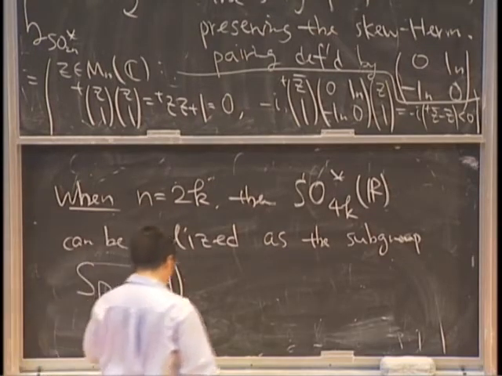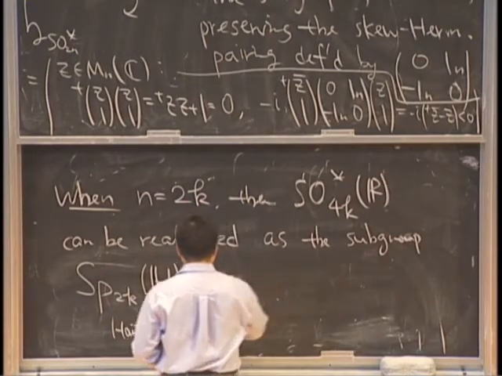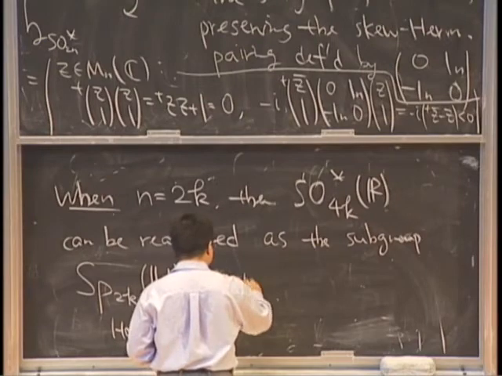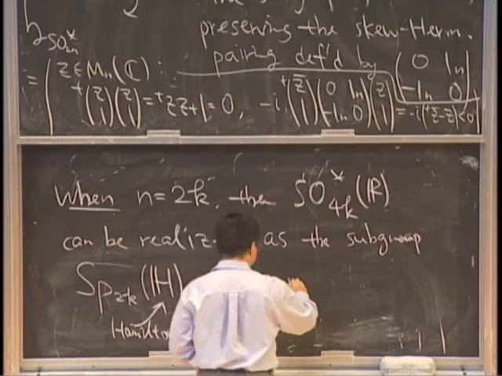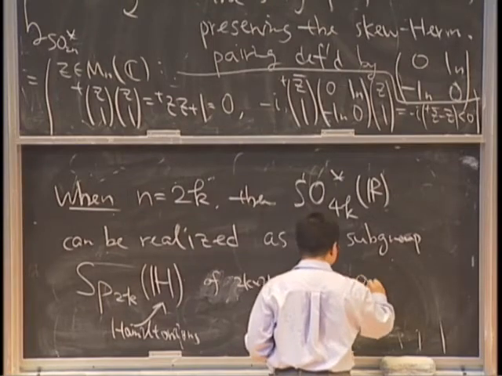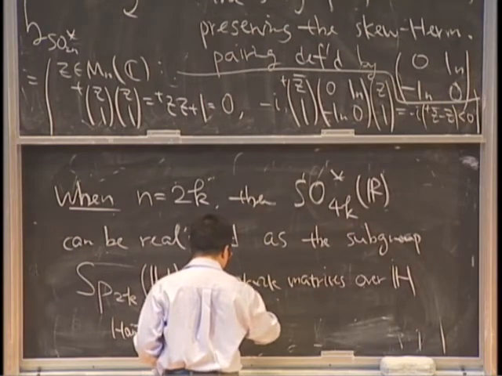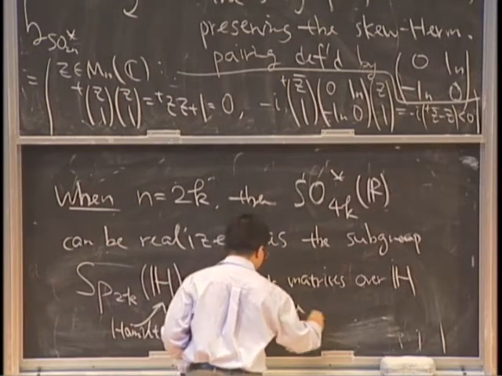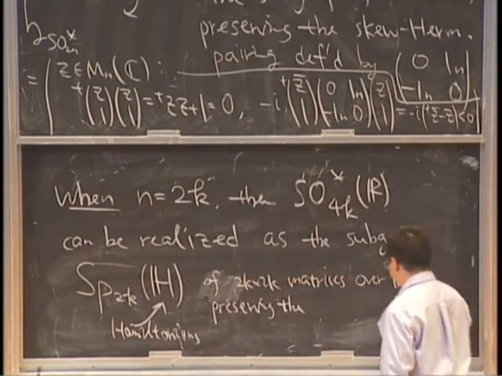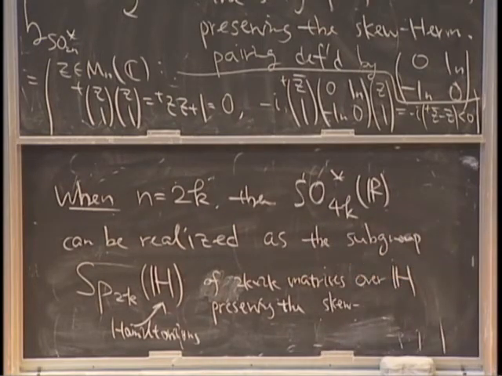So it's a subgroup of, well, 2k by 2k matrices over Hamiltonians preserving the skew Hermitian pairing. Well, you can talk about Hermitian pairings over any kinds of these algebras with some kind of involution there.